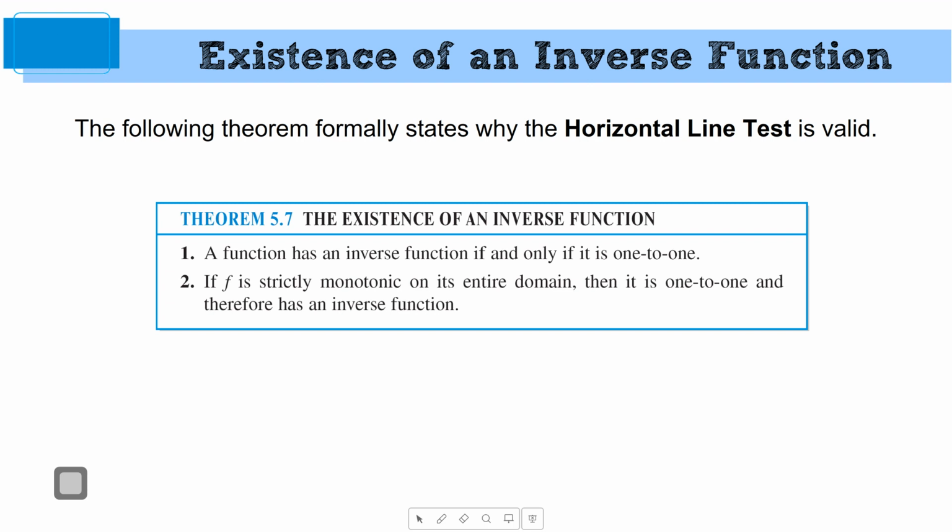Any idea? Mono equals 1. Tonic. I failed my STEM test, so I don't know. Tonic, gin and tonic. Mono, 1. Good. And strictly? Strict, from the Latin to enforce.